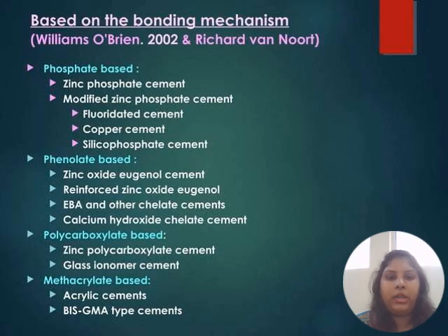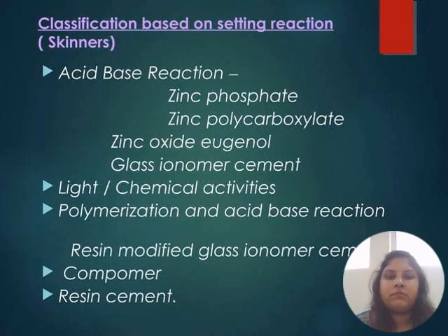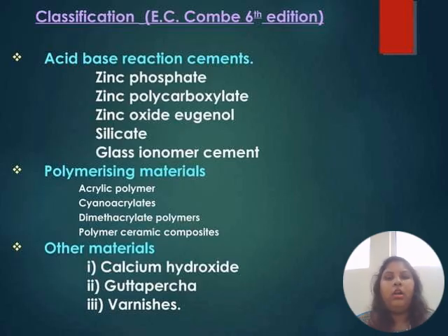So based on the bonding mechanism, you have phosphate-based, phenolate-based, polycarboxylate-based and methacrylate-based. Classification based on setting reaction, as given by Skinner: based on acid-base reaction, based on light or chemical activation and polymerization. In acid-base reaction, you have zinc phosphate, zinc polycarboxylate, zinc oxide eugenol, silicate cements and GIC.